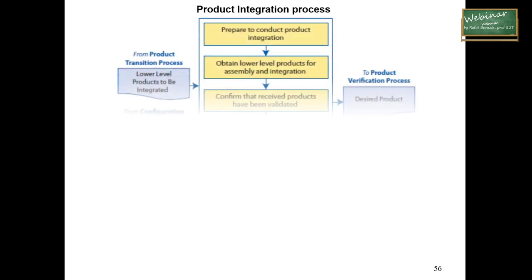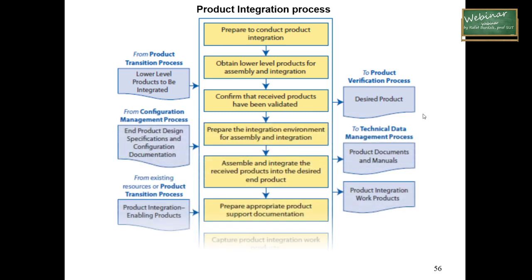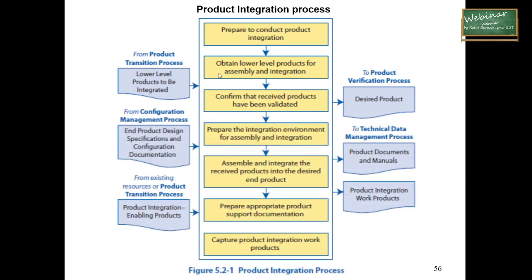The next area of system engineering supporting the system designing is the product integration process. After analyzing the implementation possibilities, we have to answer the question of how to consider the integration process. To conduct product integration, we have to start by obtaining lower level products for assembly and integration.